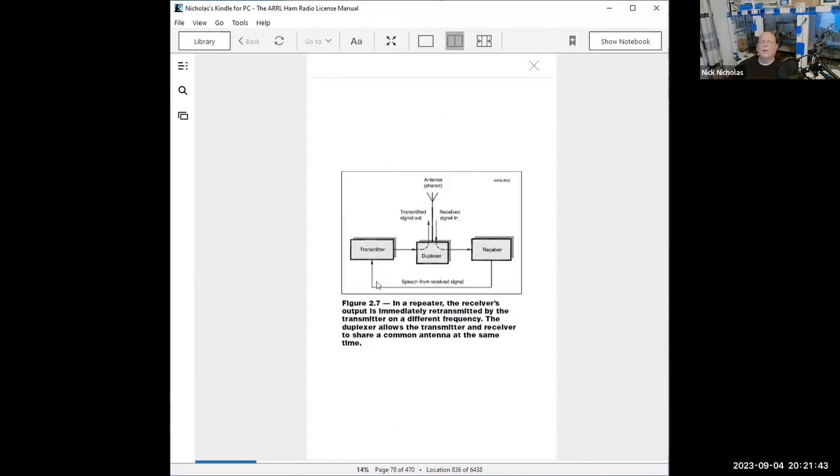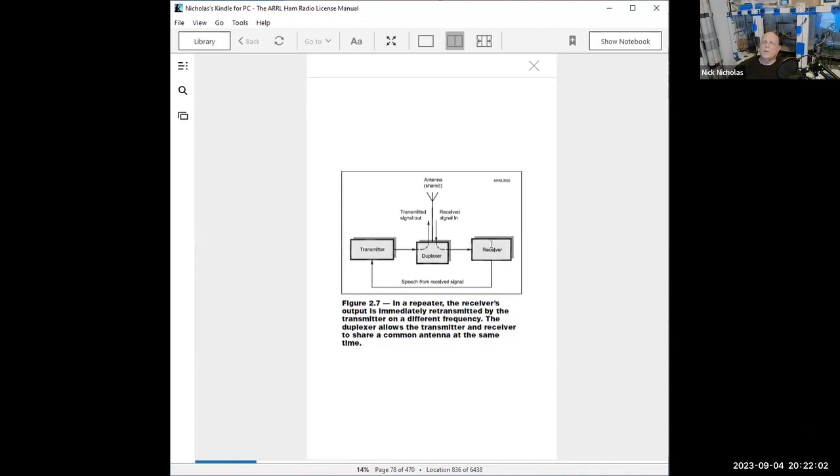The way that a repeater works is you have a transmitter and you have a receiver. The transmitter is on one frequency. That's the frequency that the repeater transmits on and the user ham listens to.